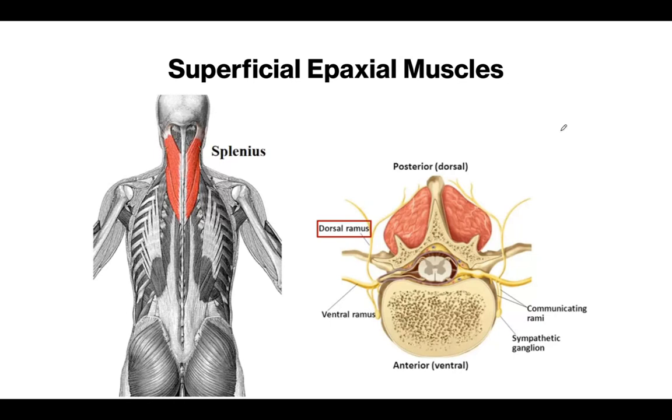So if we're looking at splenius, we are observing maybe first the muscle fibers and just trying to identify how these fibers are arranged, essentially. So to me, I can kind of see that they're sort of attached right here along the midline, and it's extending in this direction.